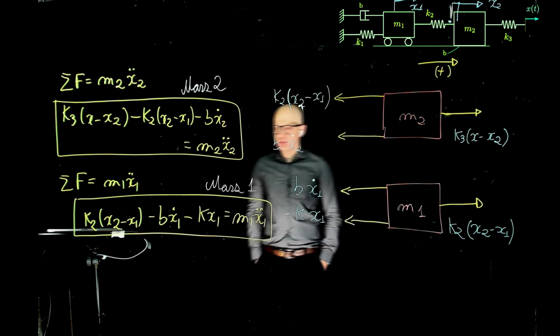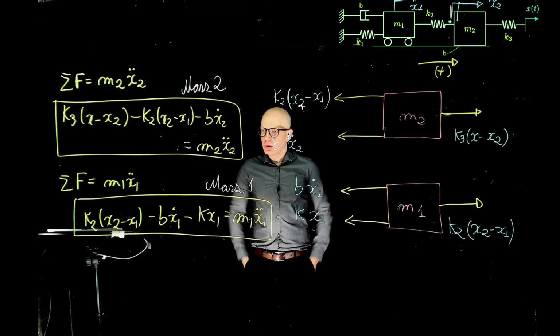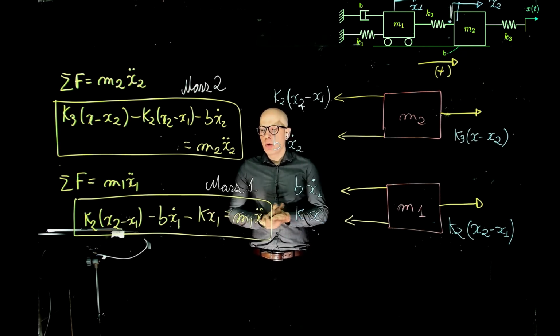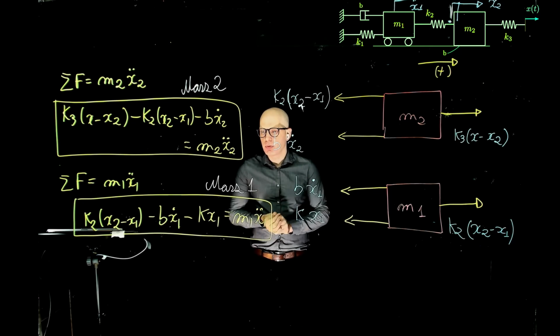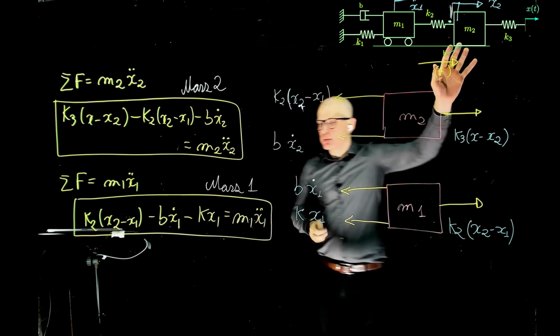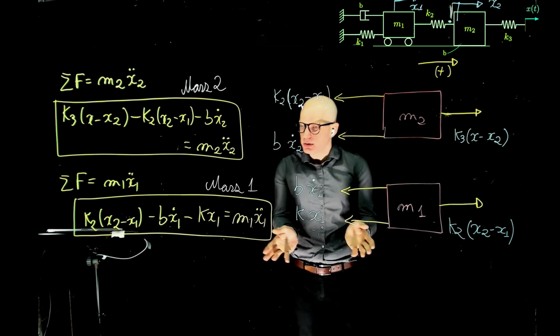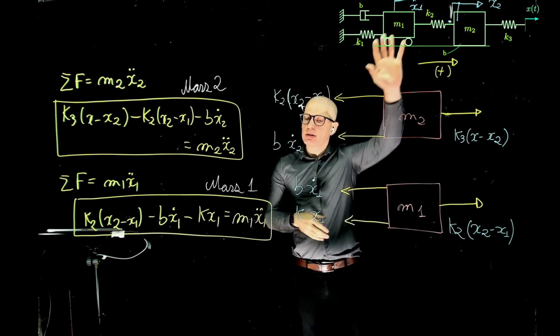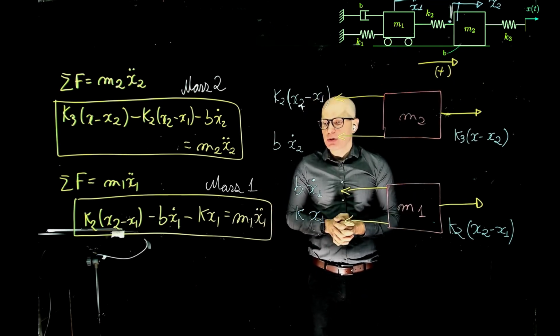Is there usually only one damper for a system, or can you add multiple? We can add as many as needed to capture the dynamics of that system. Here, we already make an assumption about how the system behaves because you're given the model. But if I tell you to look at this mechanical system and create the equivalent mass spring damper system, it really depends on how the system behaves.